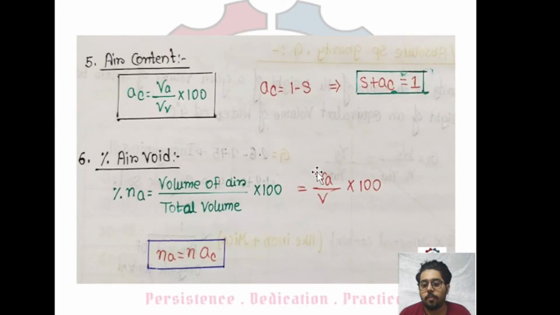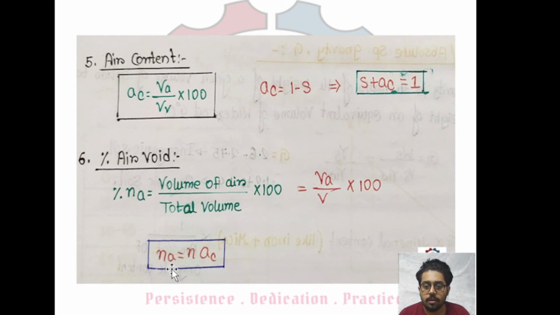Now, volume of void by total volume into AC, that means volume of air by volume of void. The volume of void in the numerator of porosity and the volume of void in the denominator of AC cancel, so it remains volume of air by total volume.